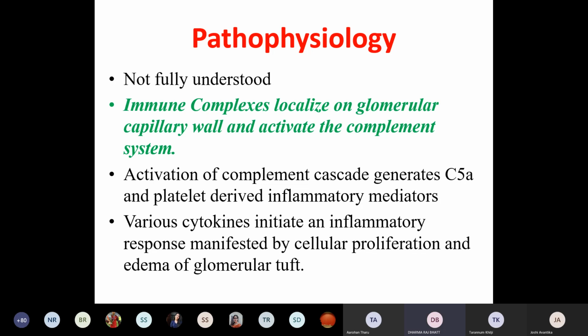The deposition of the immune complexes activates the complement system, as you all know.